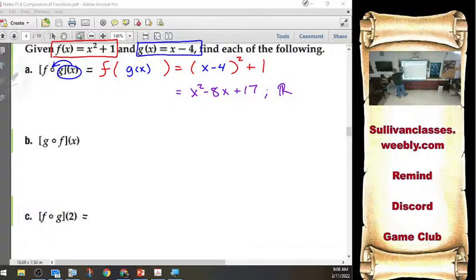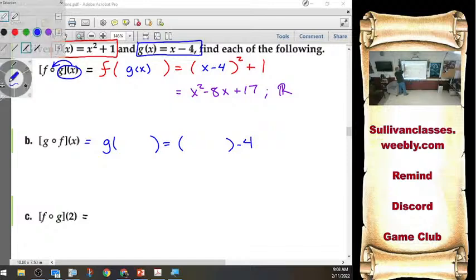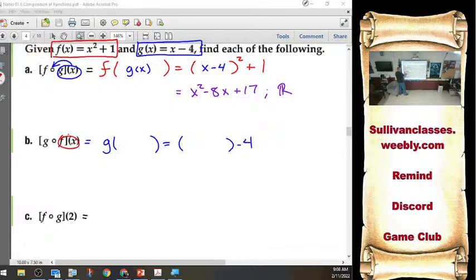Okay, contestant 2 says g of f of x. So g, purpose, is to take a thing and subtract 4. I'm going to take f of x and plug it in. f of x is the entirety of x squared plus 1.